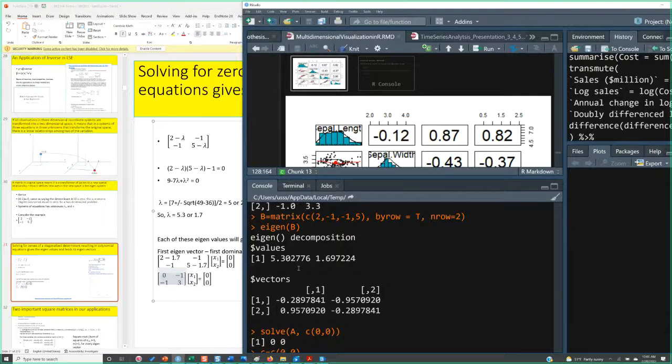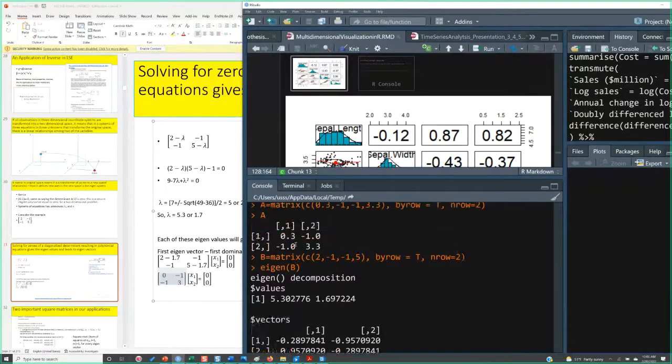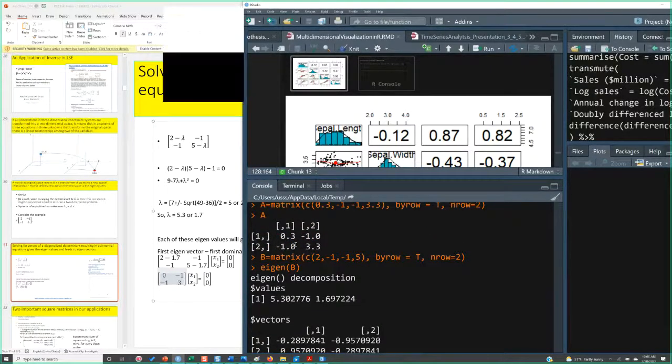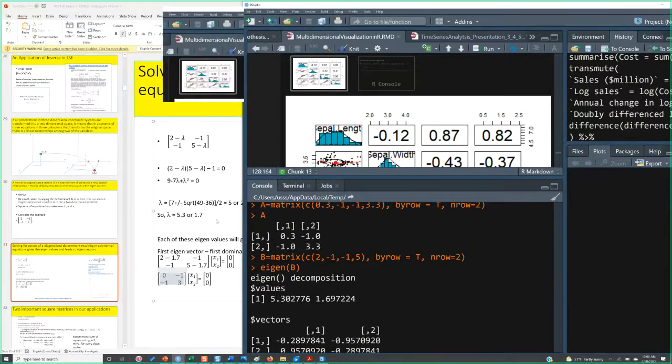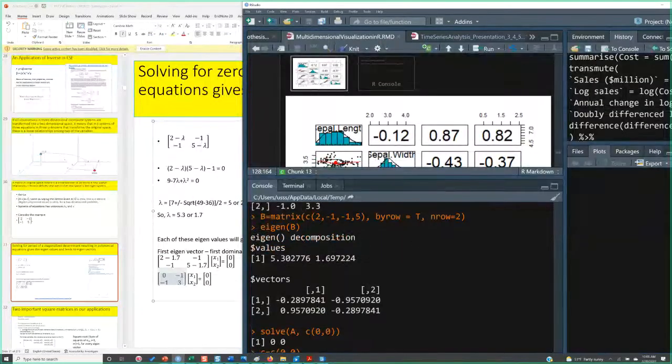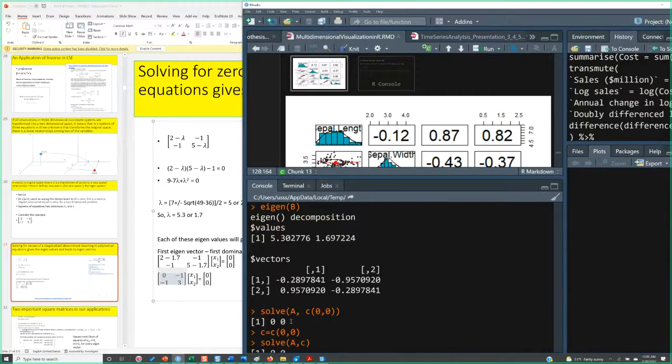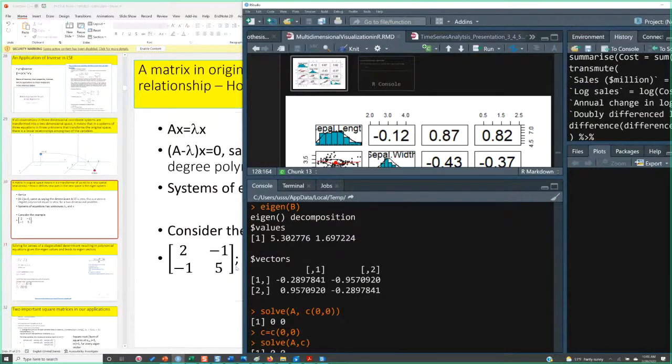We applied this, and that is a trivial solution, right? I don't want the trivial solution. It is true that 0, 0 is also correct, but that's not what we are talking about.